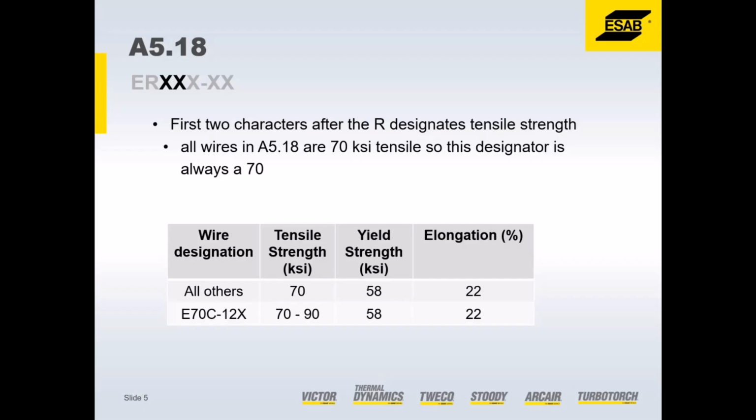When you have both, it can be either way. So just as with the stick rods, the first 2 or 3 designators are going to be your tensile strength in KSI. So ER70 is going to be a 70 KSI tensile strength product.